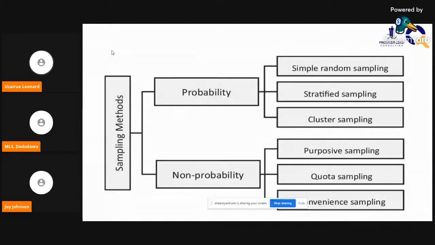So the chance of every member of that population being represented is not really there, which means it's prone to a high level of bias. If you are using a non-probability sampling method, you are prone to bias in the outcome of your research because you are simply using what is available and not what is needed.